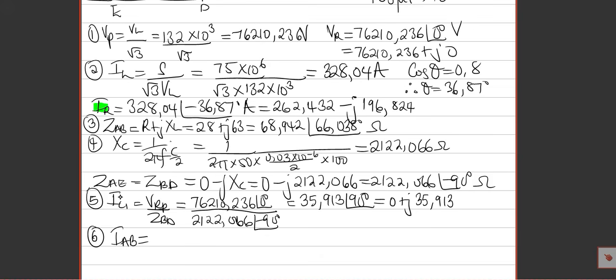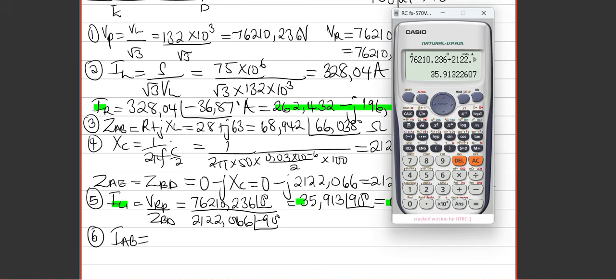I'm adding IR and IC1, these values which are in rectangular form. So to add them, let's go.